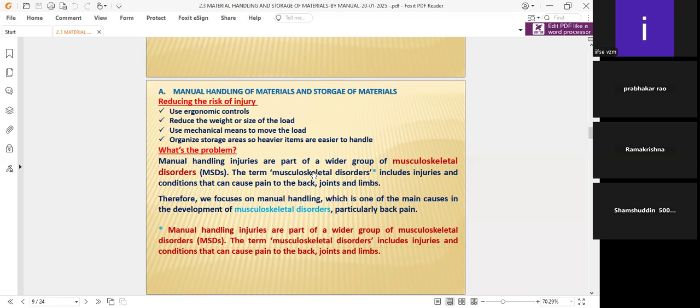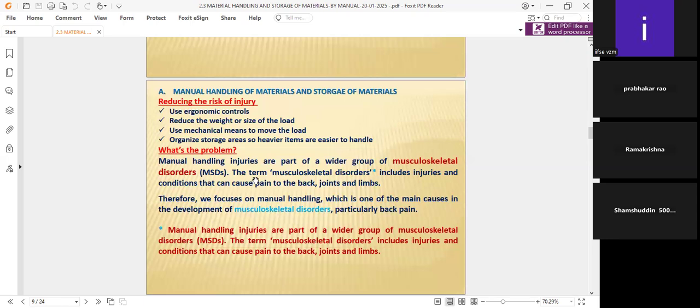The term musculoskeletal disorders includes injuries and conditions that can cause pain to the back, that means backache, as well as joints in the limbs and the knees. These are very important musculoskeletal disorders.